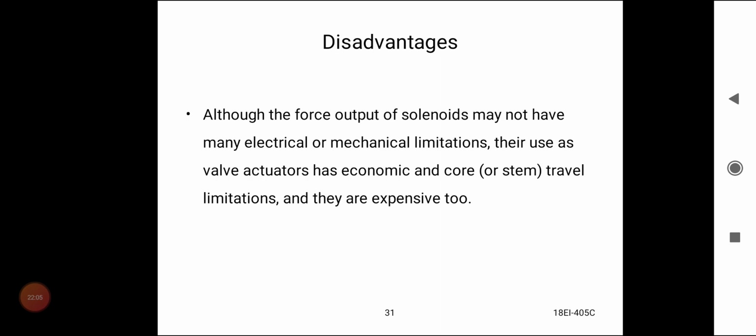Disadvantages: although the force output of the solenoids may not have many electrical or mechanical limitations, their use as a valve actuator has economic and core or stem travel limitations, and they are expensive too.